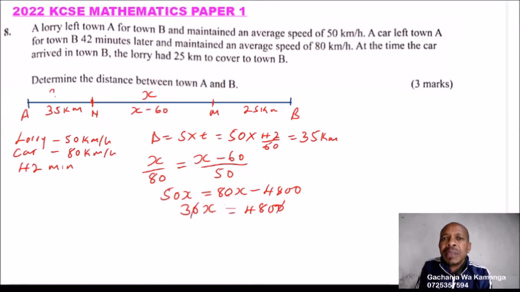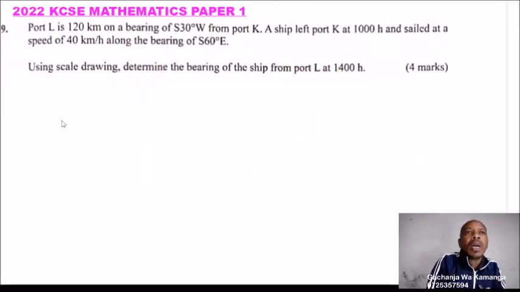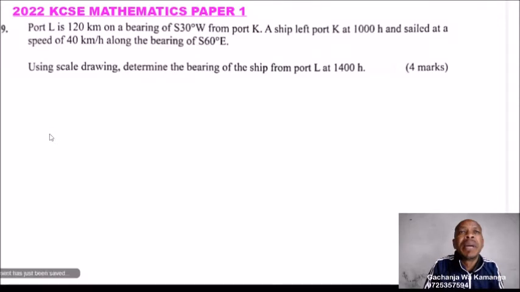You divide by 30 and you get X is 160 kilometers. So that is the distance between town A and town B, and by doing that, you will get 3 marks.